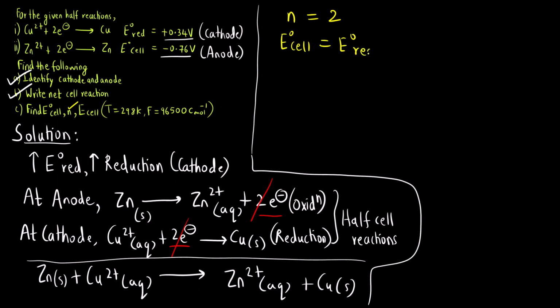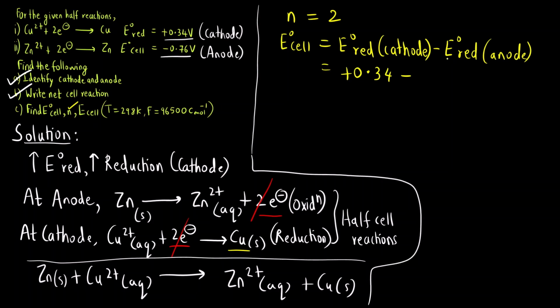E0 cell is E0 reduction potential of cathode minus E0 reduction potential of anode. What is the reduction potential of cathode? Cathode is the copper half cell, so it is 0.34, minus the reduction potential of anode, that is for zinc, minus 0.76.